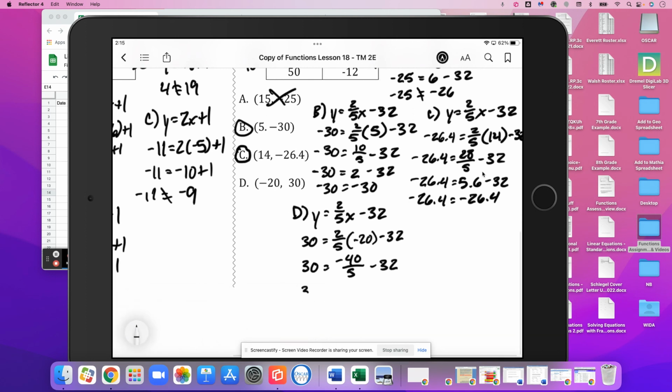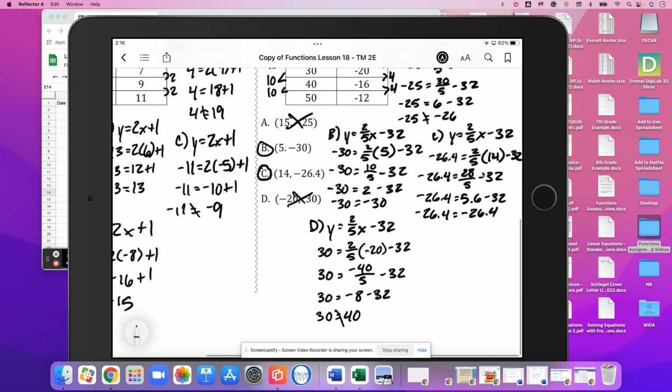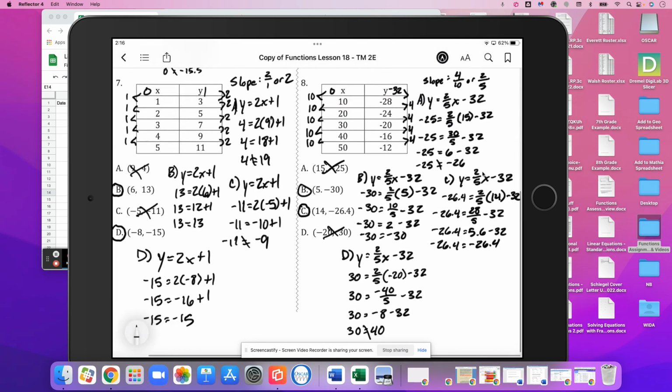And so 30 is equal to negative 8 minus 32. That's going to be 30 is equal to 40. It is not. So D is not a solution to this. D does not satisfy this function.